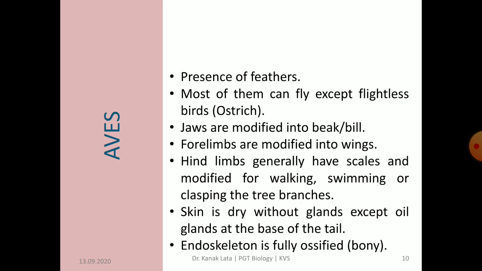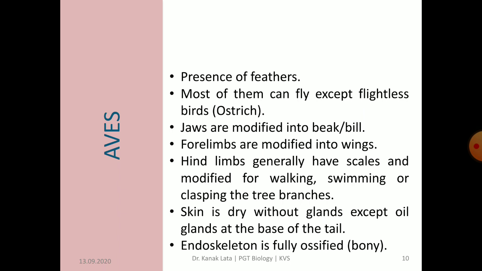penguin. In birds, jaws are modified into a beak, also called a bill, whereas forelimbs are modified into wings, and this too is an adaptive feature of the bird. Hind limbs generally have scales and are modified for walking, swimming, clasping tree branches.